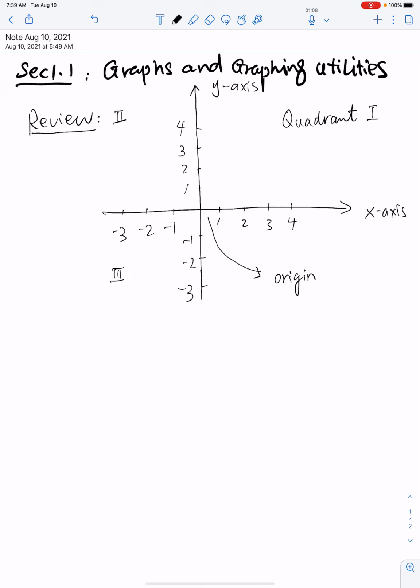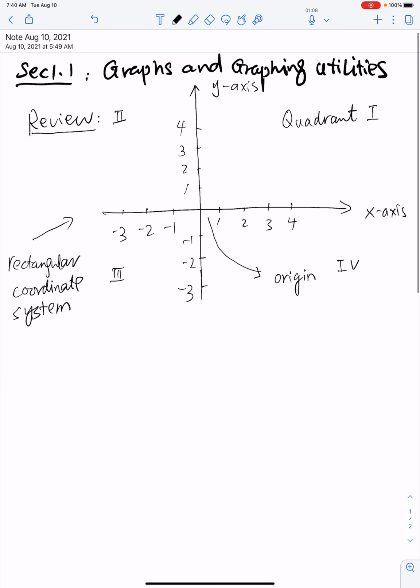Here is quadrant 3. Here is quadrant 4. And this is called a rectangular coordinate system. So this is what we learned before.